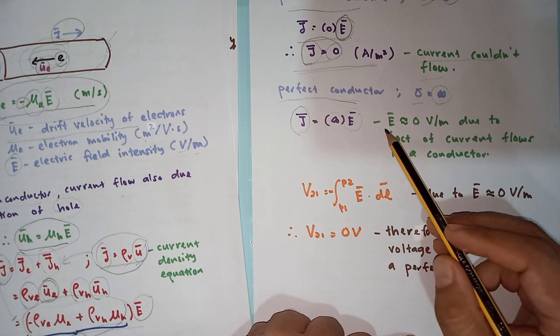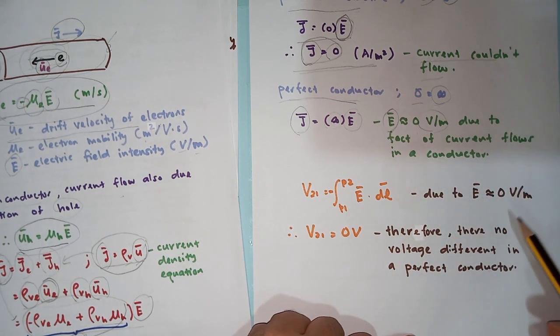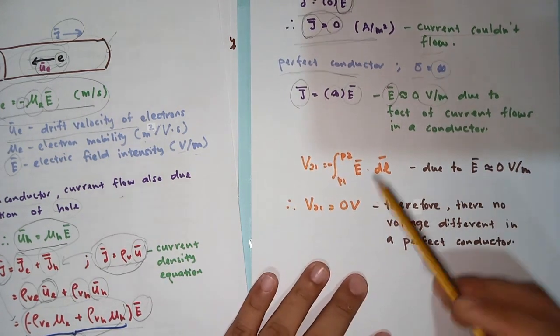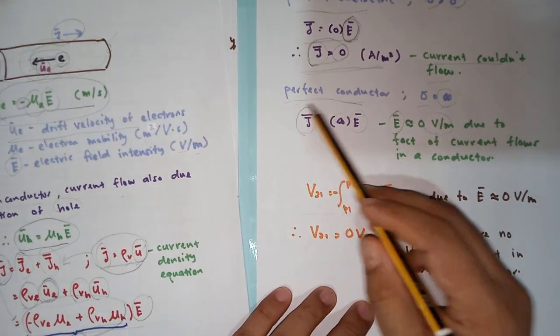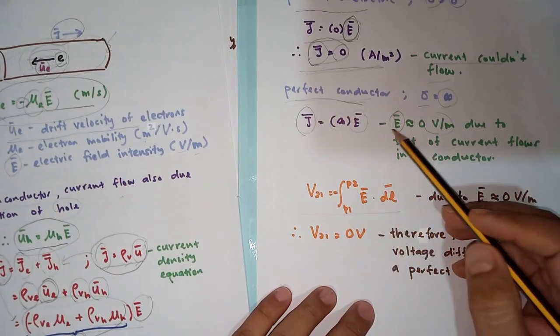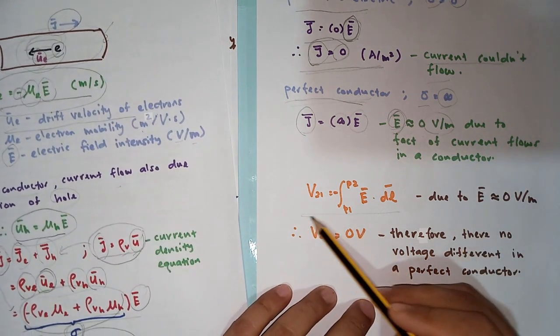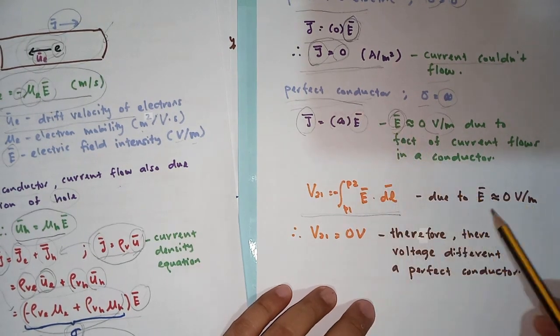Then the value for the vector E is almost equal to 0. Therefore, the electric field intensity being 0, the potential difference in a perfect conductor will become 0.